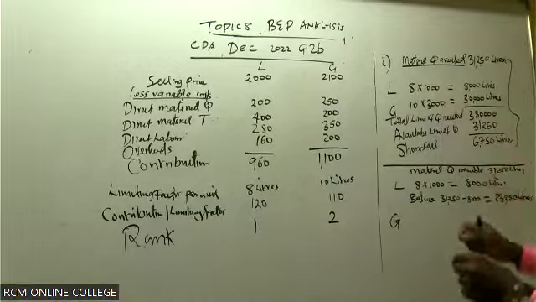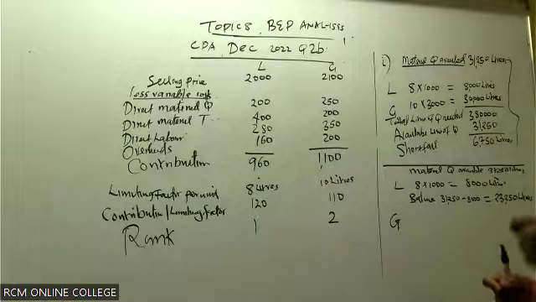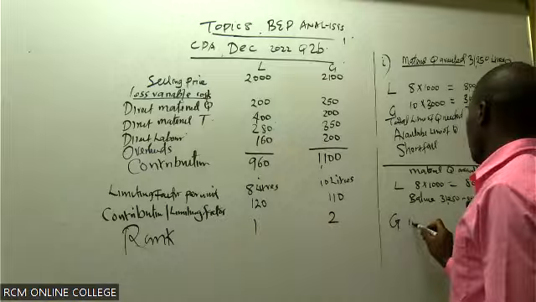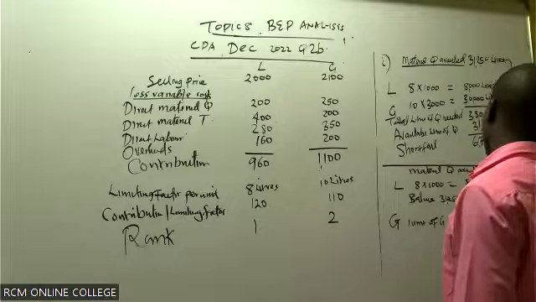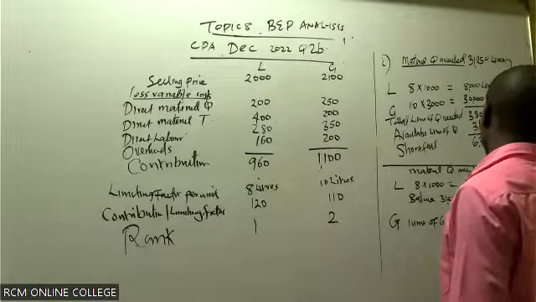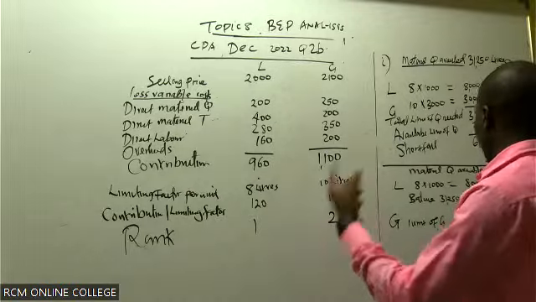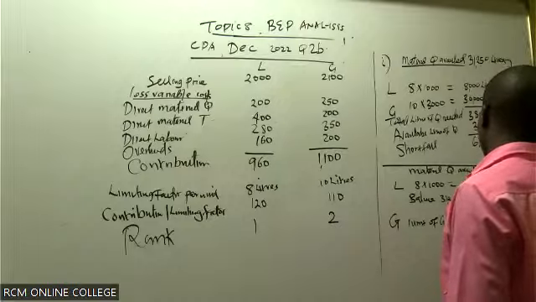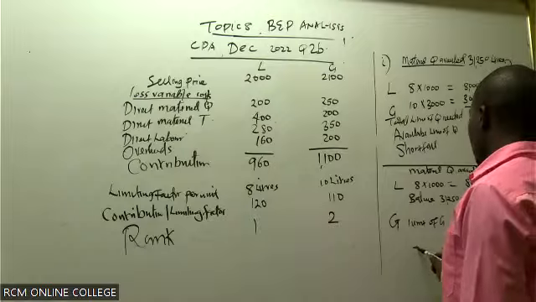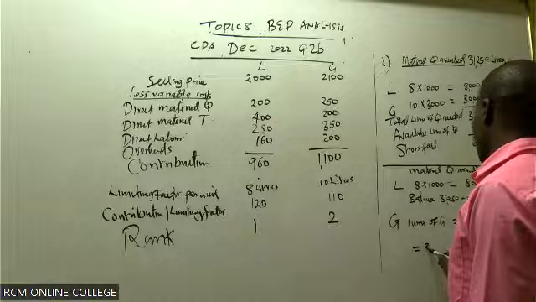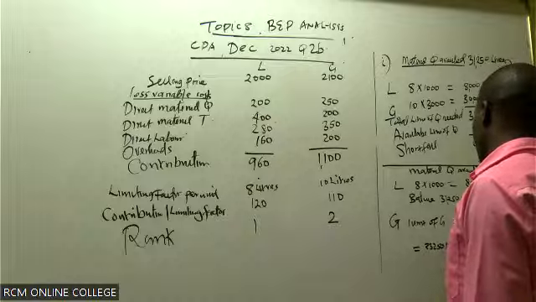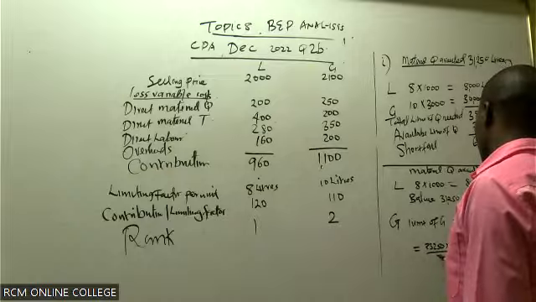So how many units of G will the company manage to produce? 1 unit of G is equivalent to 10 liters. But the balance that is remaining is 23,050 liters. So 23,050 times 1 over 10.